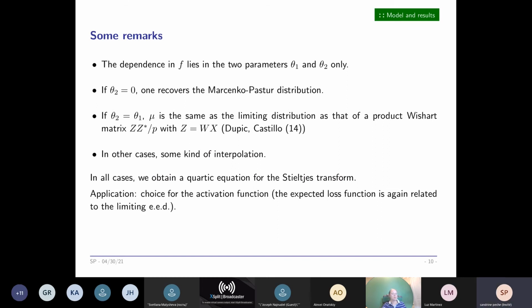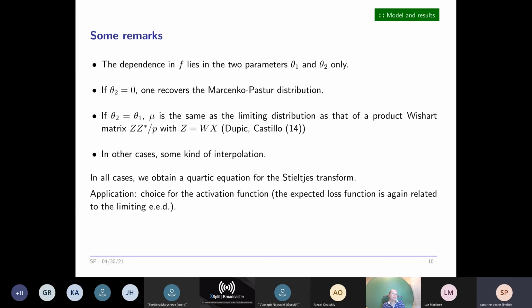Okay, a few remarks about this result. So first, the dependence in f lies in the two parameters theta 1 and theta 2 only. And I recall that these are just averages of f with respect to the Gaussian distribution. So this means that this is a complete universality statement.